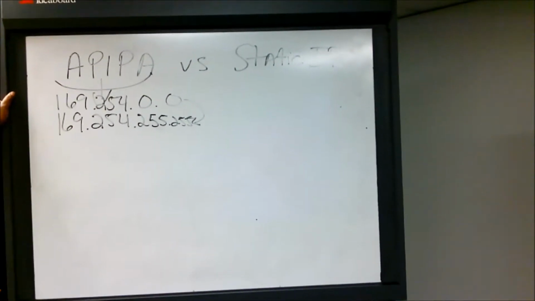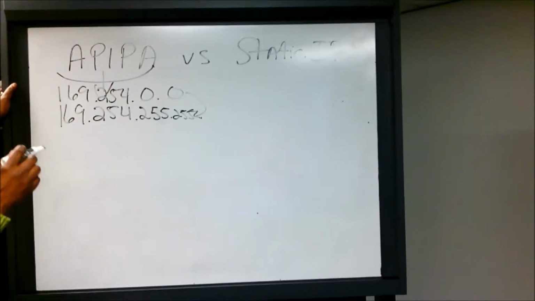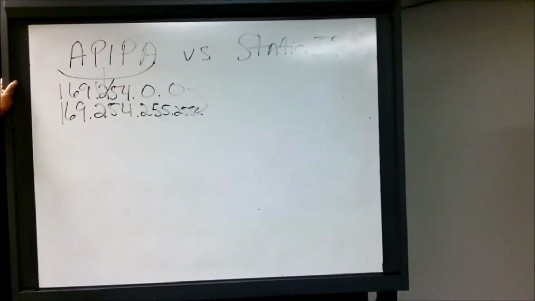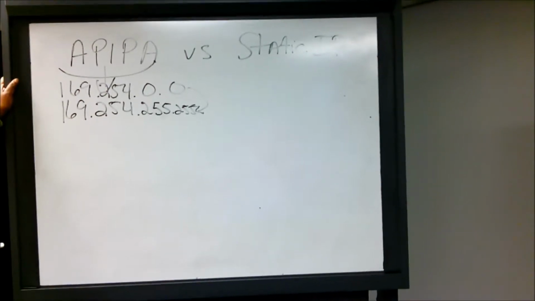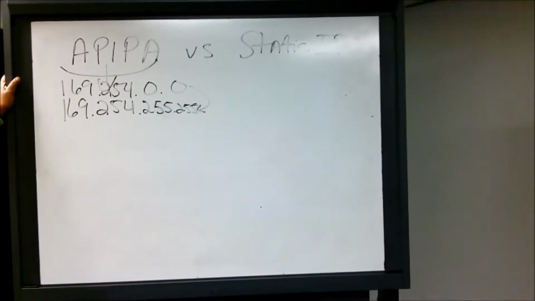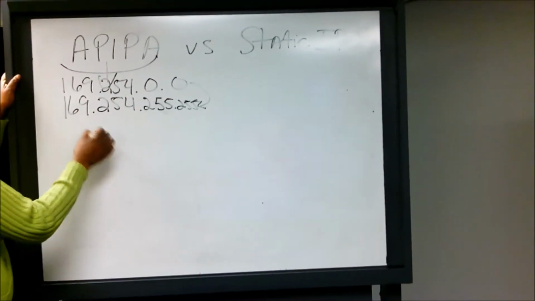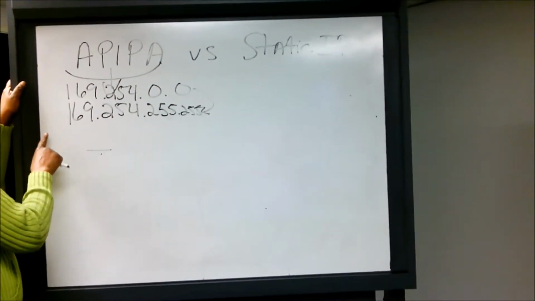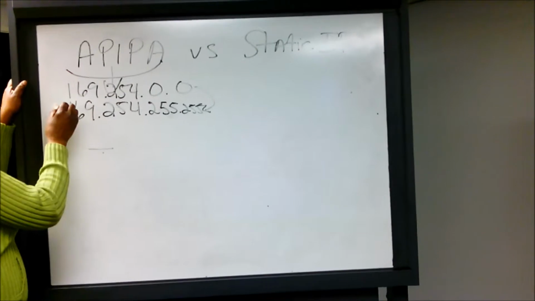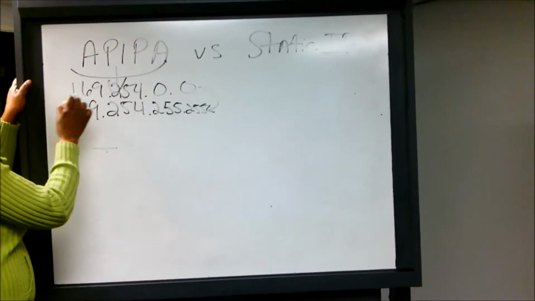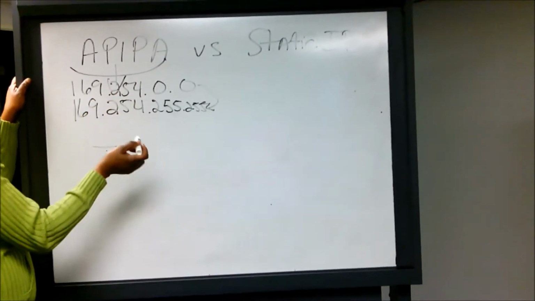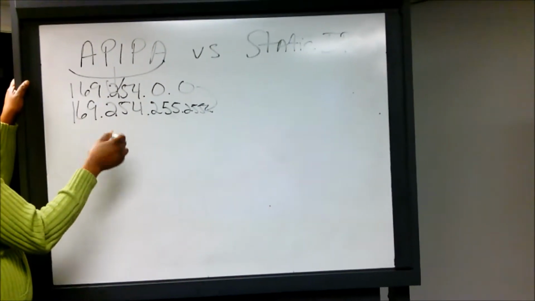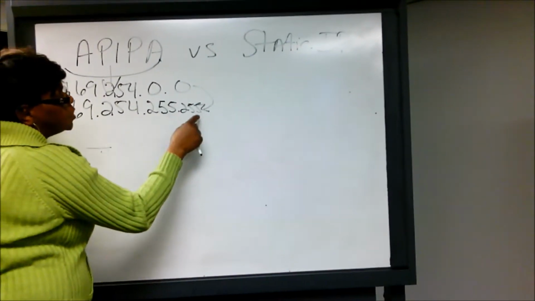But sometimes the DHCP server goes down. So when that particular client is looking for an IP address and cannot get one from the DHCP server, APIPA goes into action and issues the client an address from the range 169.254.0.0 through 169.254.255.255.